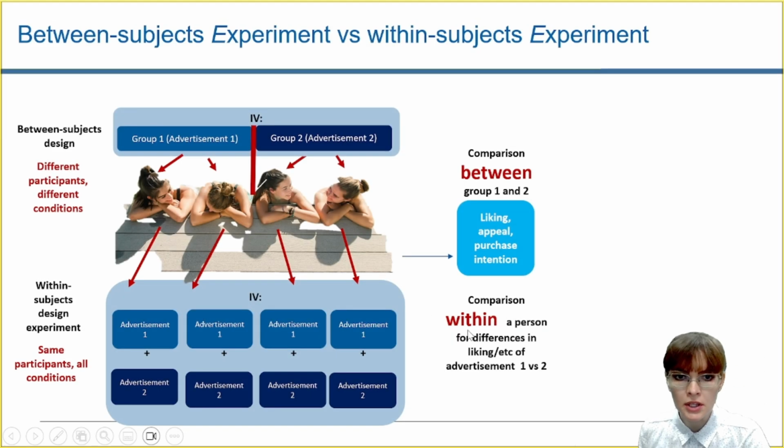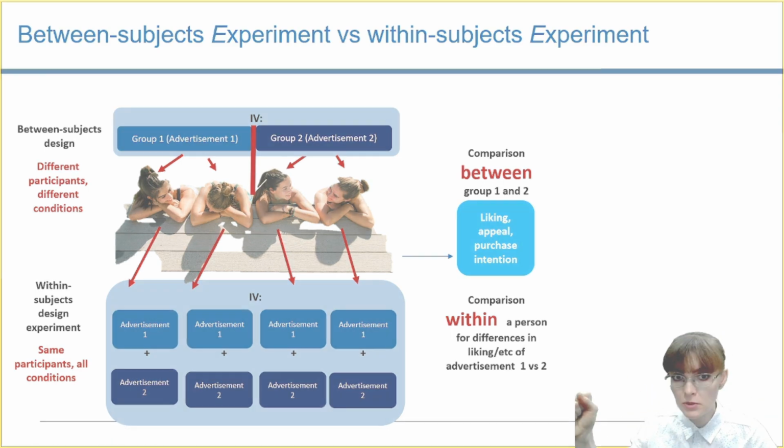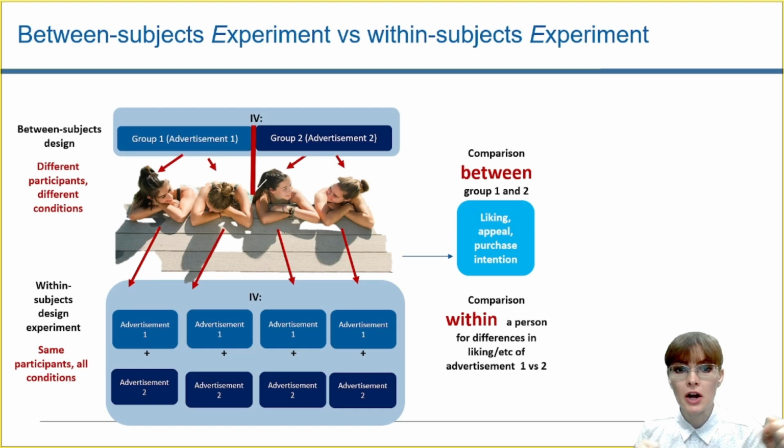And this within forms part of the name for this type of experiment. So hopefully it will be very easy for you to remember. Between, it's something that is compared between the groups, whereas within means we are comparing within the same respondent, within the same participant who took part in your experiment.